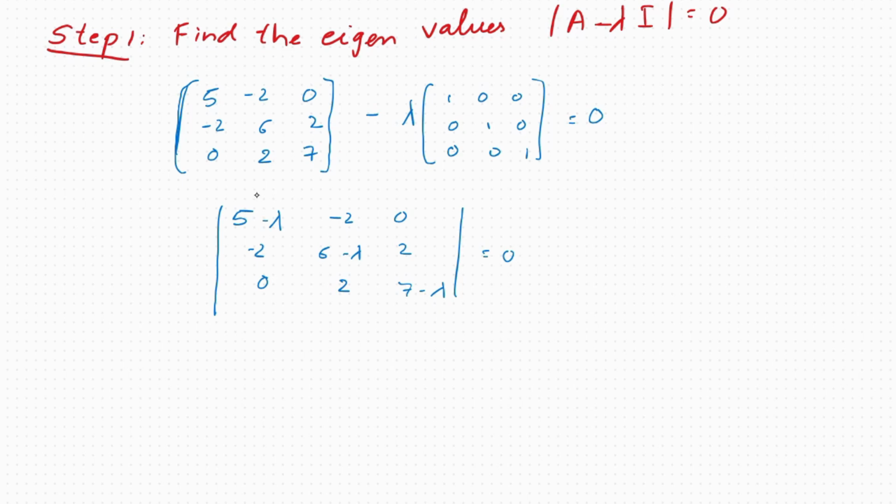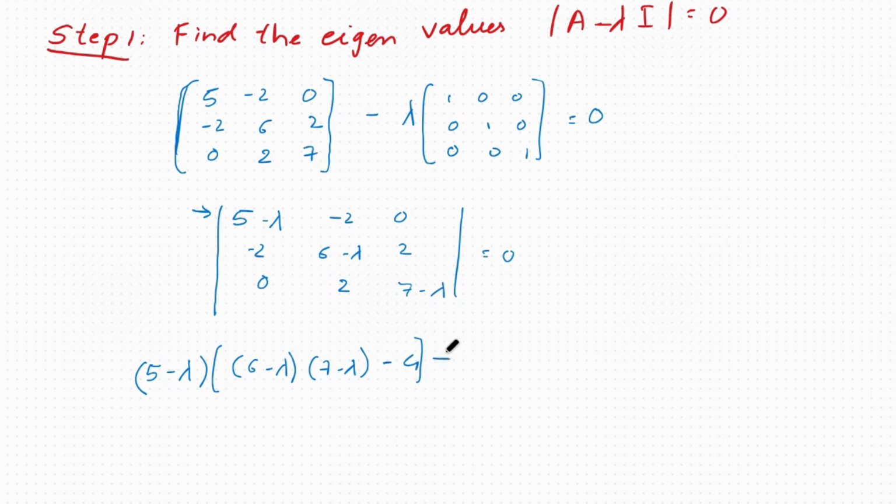Now let's consider this row. We are expanding from this row. The first element is 5 minus lambda into, now let's remove these two, and we have to find this matrix det: 6 minus lambda into 7 minus lambda, minus 2 into 2 is 4.